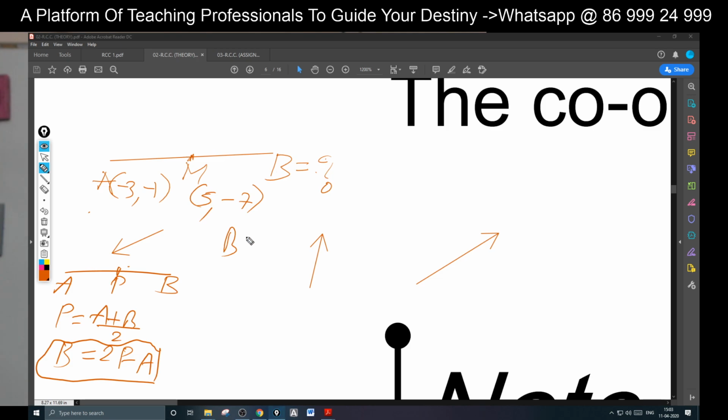B is equal to what? Twice M minus A. What is twice M, please? 2 into 5, 10, minus of -3, comma, 2 into -7, -14, minus of -1.